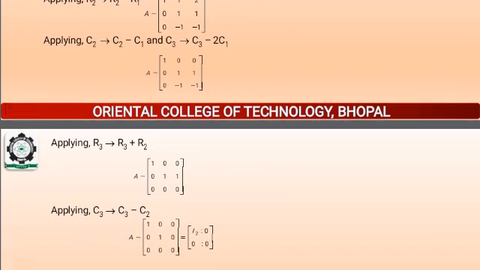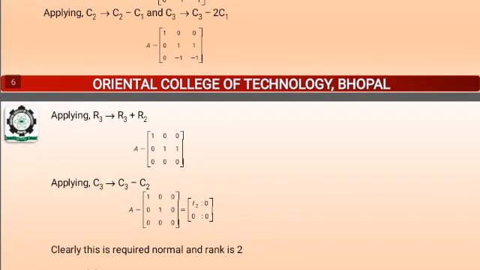Again applying C3 changes by C3 minus C2, the converted form of A is [1 0 0; 0 1 0; 0 0 0]. Again here we have two 1s in the principal diagonal. It can be written as [I2 0; 0 0].